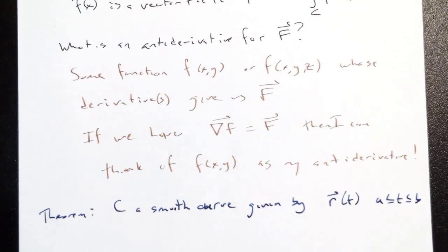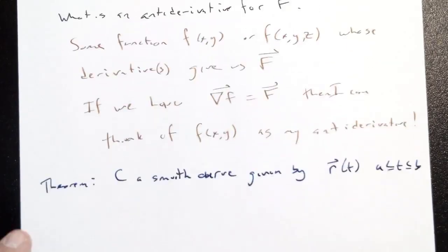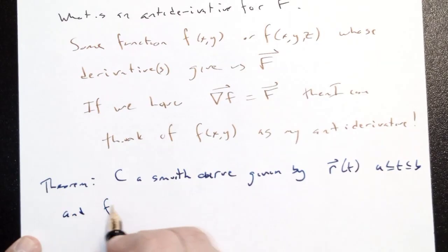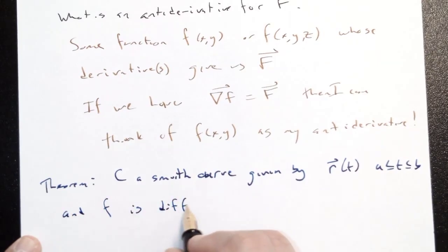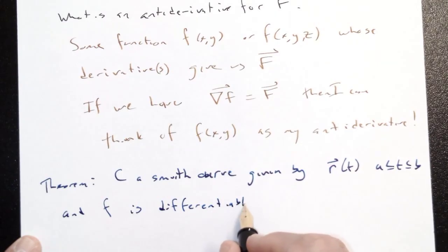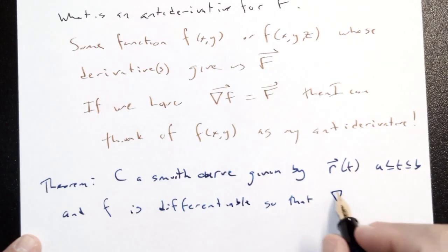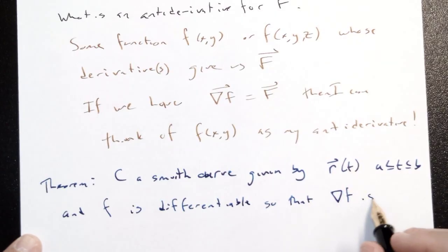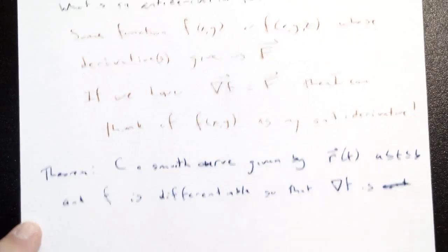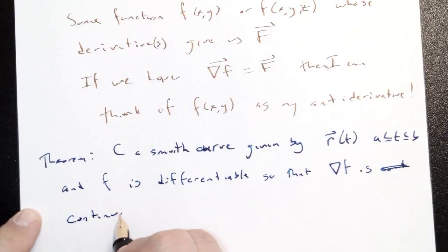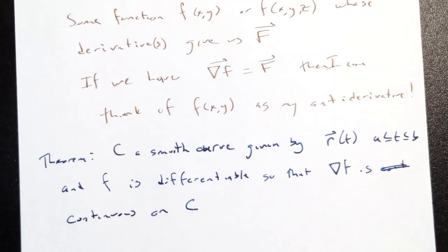So let's suppose we have a nice smooth curve and f is differentiable so that the gradient vector field is continuous on my curve. So in other words, this is the right function to give me the gradient vector field.